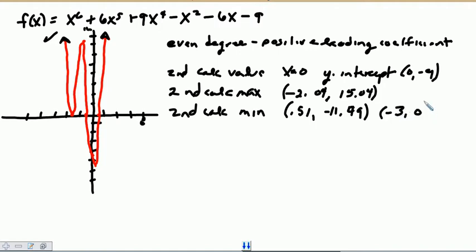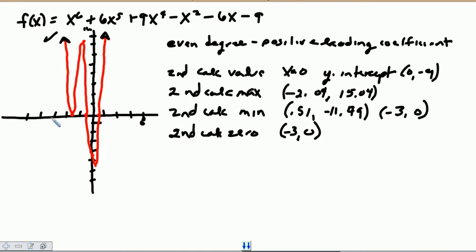Negative 3, 0. Now, that's also an interesting point because when I look for x-intercepts, I can find them with second calc 0 on my calculator. That negative 3, 0 is also a 0 of the function. So think about what we know about that particular 0 of the function.